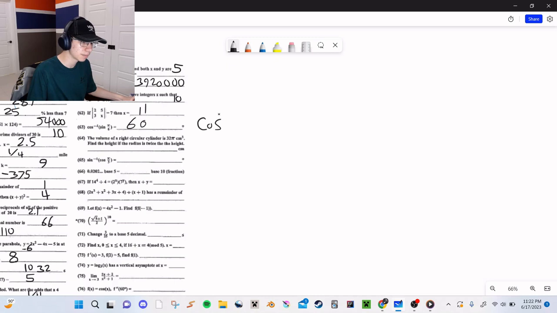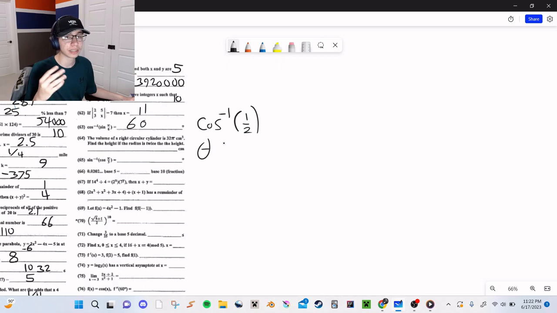Because we evaluated sine of pi over 6 to be 1/2, I said we were looking for what angle would give us a cosine of 1/2. That's not quite right. What I mean is, what angle when we take the cosine of it gives us 1/2. So that's a little correction I wanted to make.